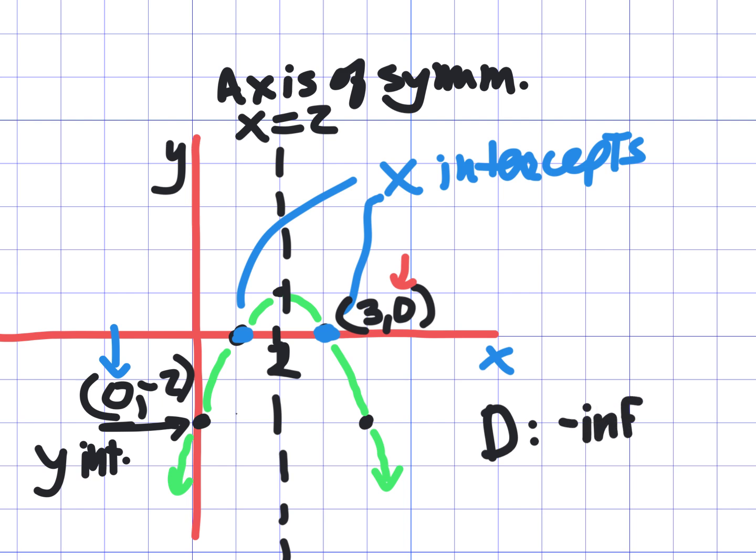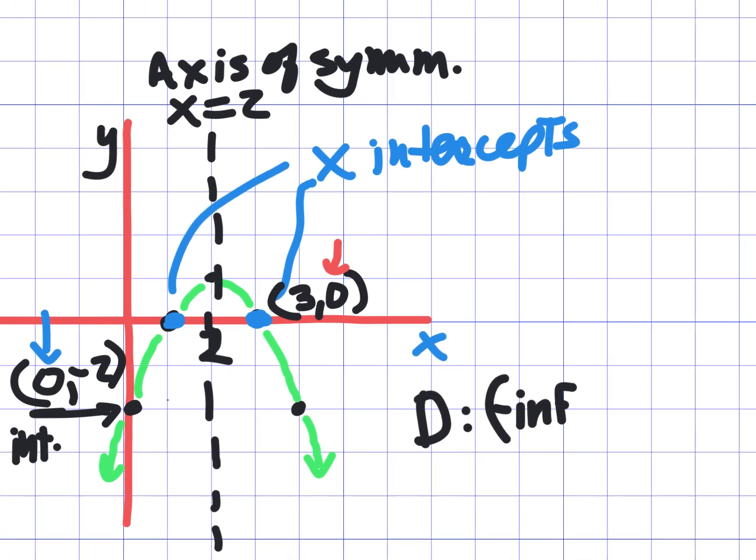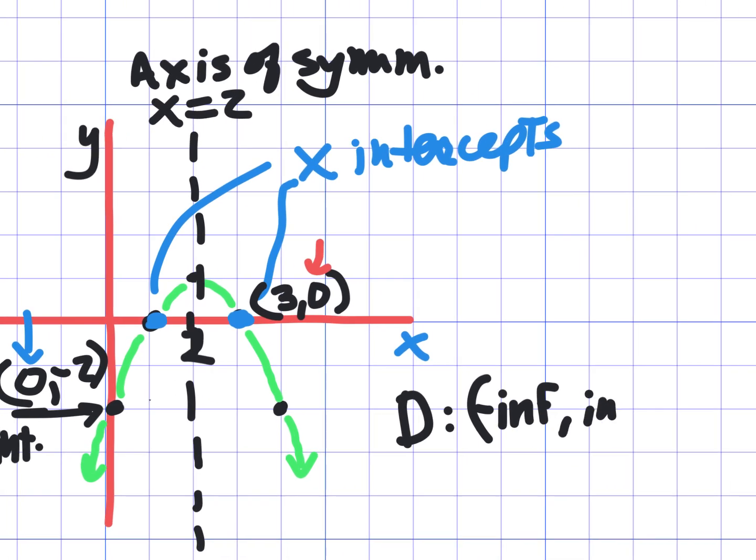Remember, if it's a Schoology quiz, you spell it out, INF, -infinity to infinity. And the range on this one, that's from low to high. The lowest it goes is -infinity. The highest it goes, well, it's that spot right there is the highest it goes.